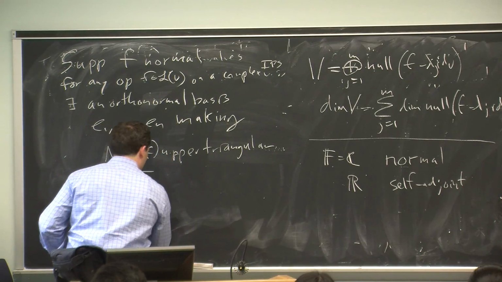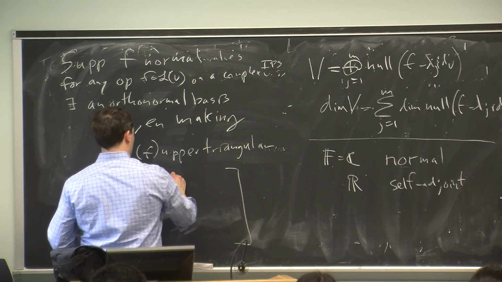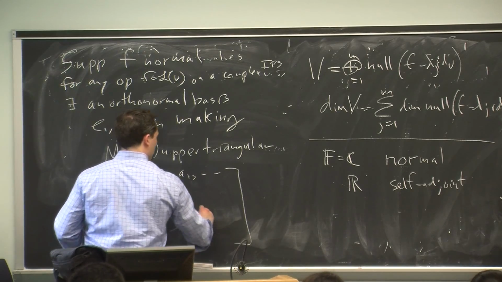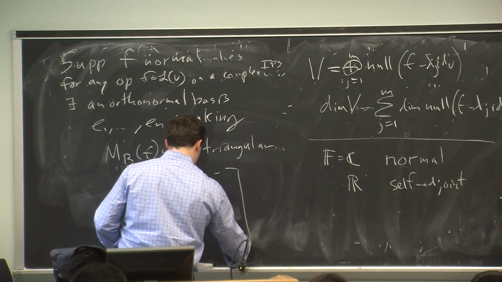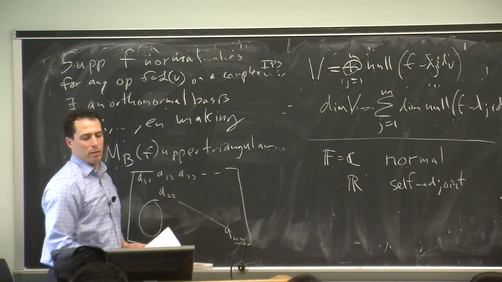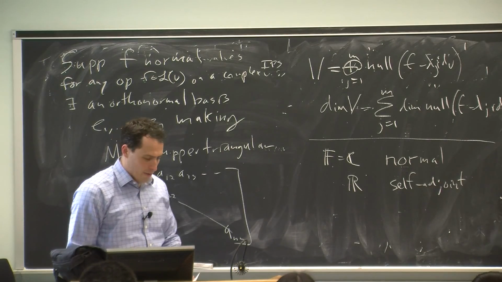So we have this matrix, A11, A12, A13, A22, and so on, A N N. 0 below the diagonal, arbitrary entries above. And so, well, we have two options, right?